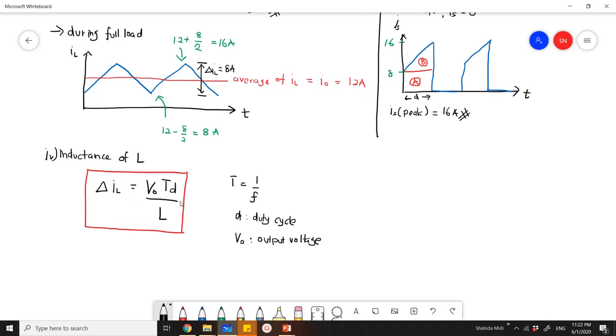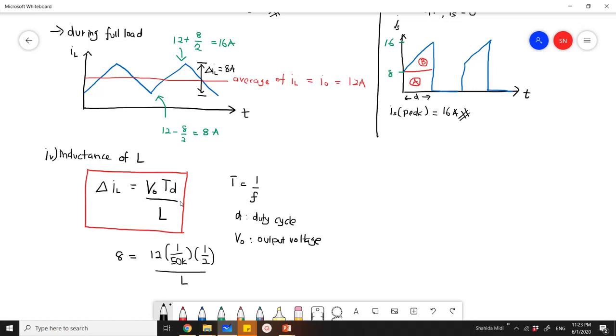So 8 is, okay, V naught is 12. Okay, then this will be 1 over 50k. Okay, and then D is half, 0.5.